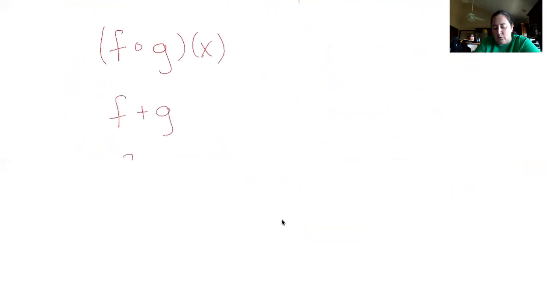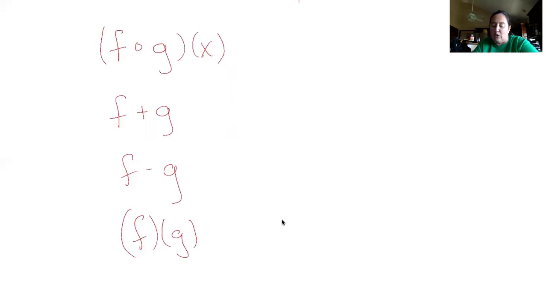The next section is composite functions. So it could be doing f composite g of x, or it could be just adding functions together or subtracting them. It could be multiplying the functions together, f times g, or dividing them.